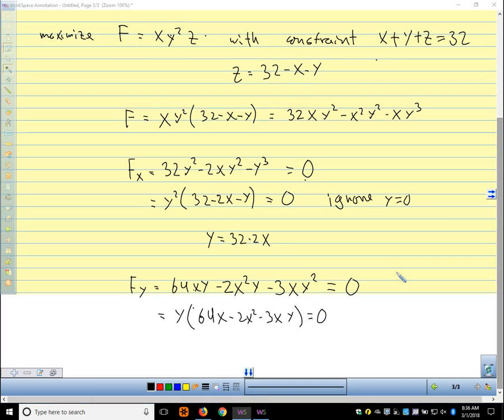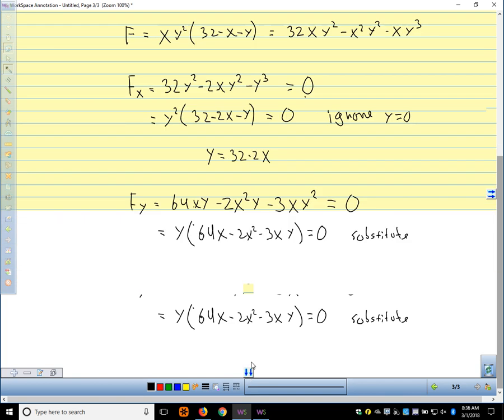I'm going to substitute. And I'm going to ignore y equals 0 again, and we'll ignore x equals 0, but we'll get to that in just a second.